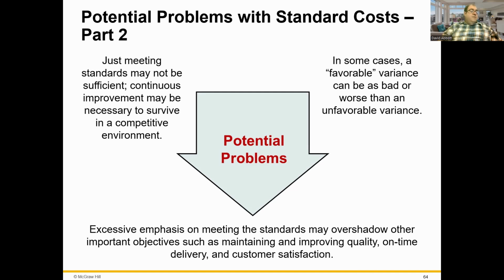And then we could have an excessive emphasis on meeting the standards, which may overshadow other important objectives, such as maintaining or improving quality, on-time delivery, and customer satisfaction. And just meeting standards may not be sufficient. Continuous process improvement may be necessary in order to survive in a competitive environment.